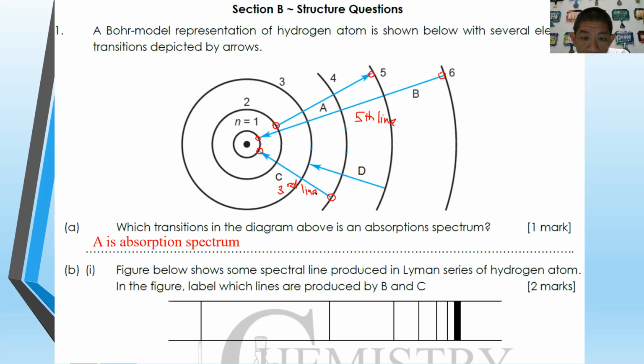So how do you deduce which one is B and which is C? The first line is usually the first line, and the rough one is usually the last line, in the Lyman series. Therefore B is here. This is your C, the 3rd line. This will be your B, the 5th line in the Lyman series. So this is how you answer question number 1, A and B.